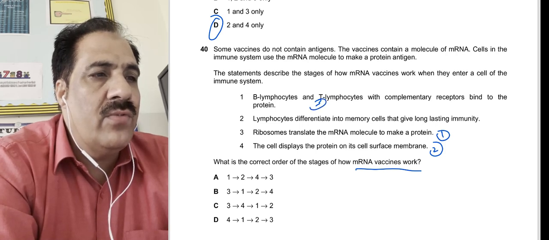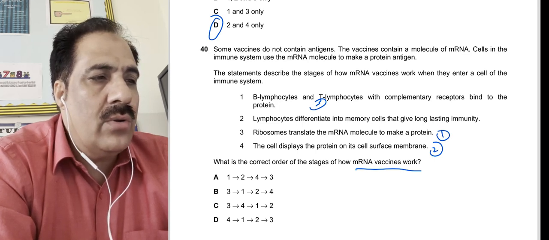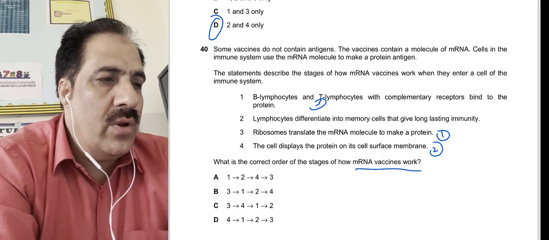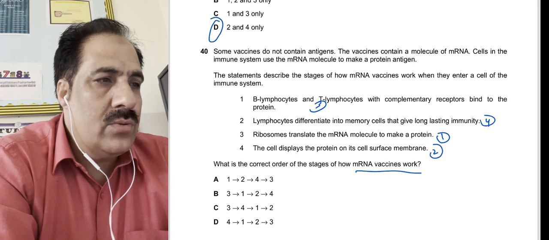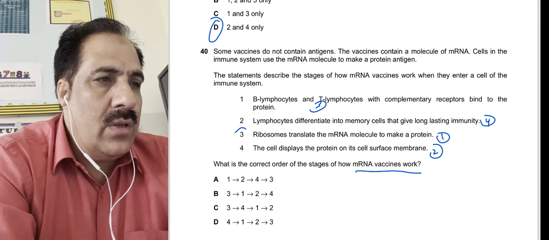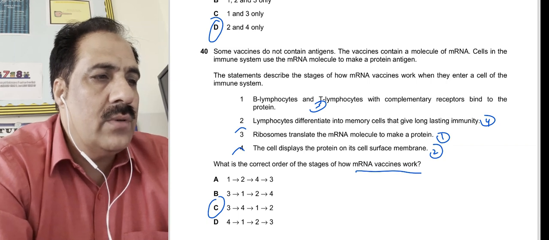And then the fourth one, lymphocytes differentiate into memory cells that give long-lasting immunity. So that means 3, 4, 1, 2 is the correct option.